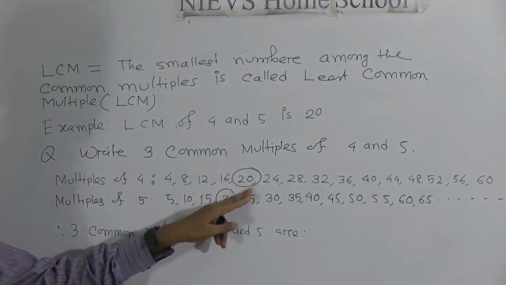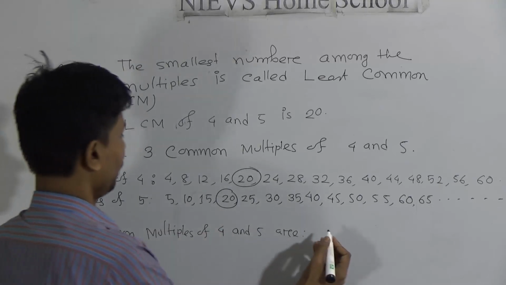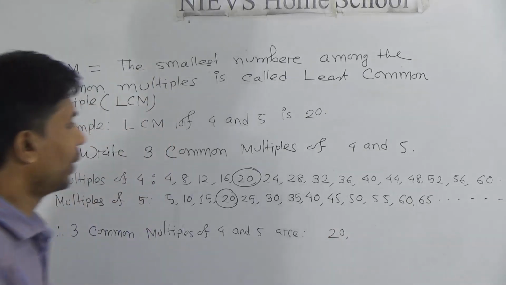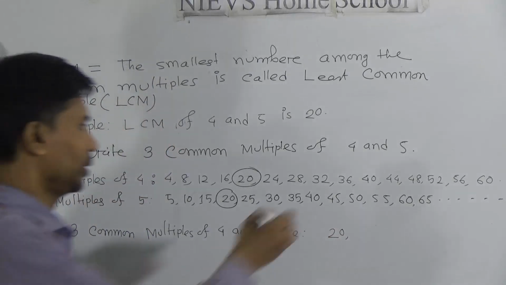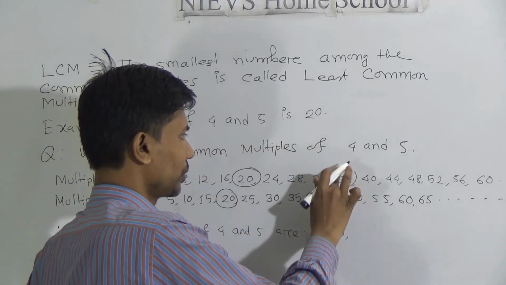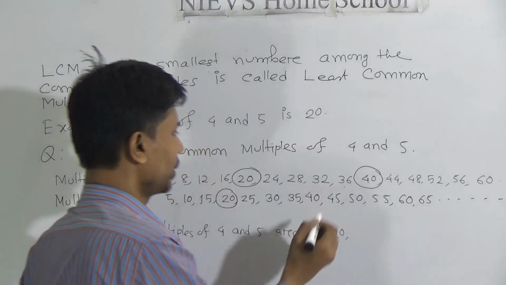Here is 20 and here is 20, so 20 is the common multiple. Then another common multiple, 40.